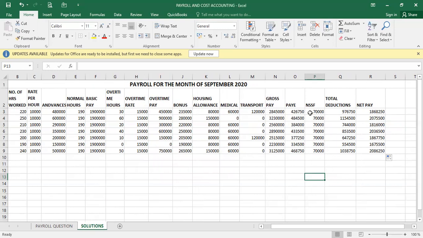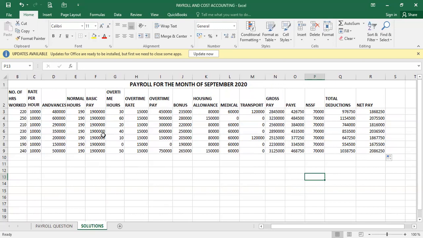Meaning, if it wasn't for this advance of 480 that was deducted, this person was supposed to receive this plus this advance. That's the money, because the person took this amount before the month ended.